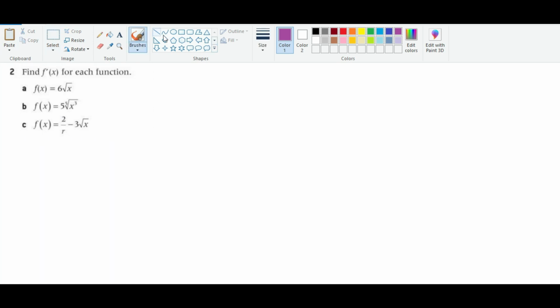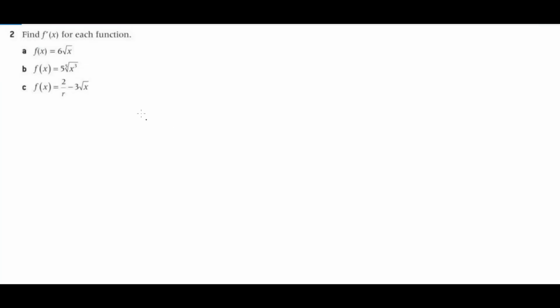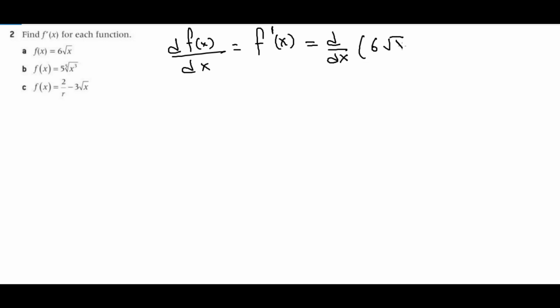Now let's solve with a different color. f dash x means d of f(x) by dx, one time differentiation. So when we do it, we get d by dx of 6 root over x, which we can write as 6 d by dx of x to the power 1 by 2.